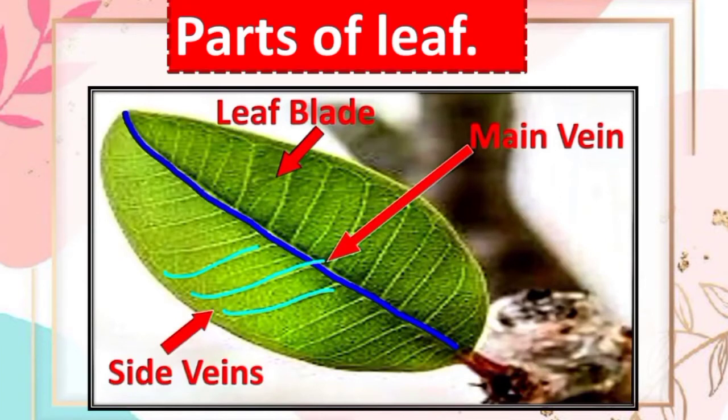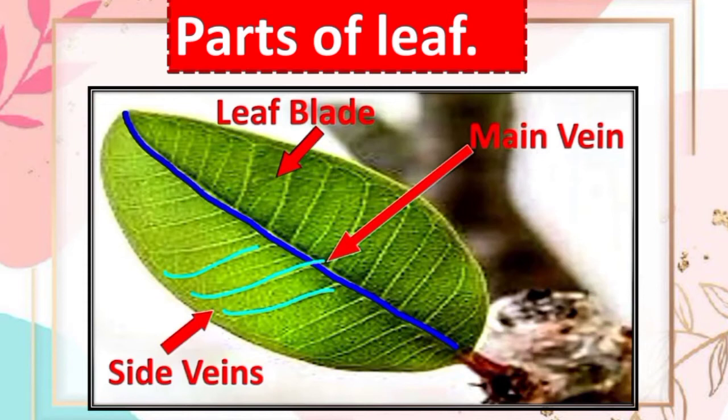So children, now we will study about the parts of a leaf, right? If we look at a leaf very closely, we will see that it has a flat part, and we will learn the names of the parts.